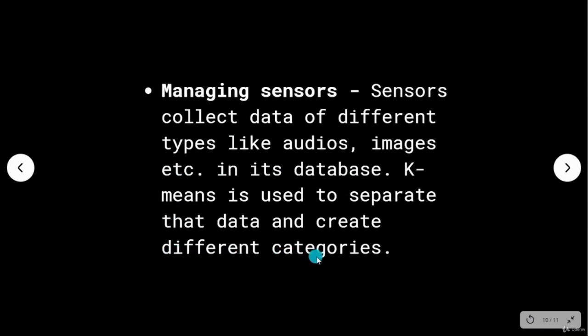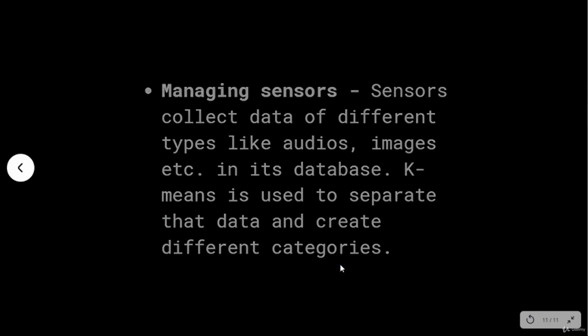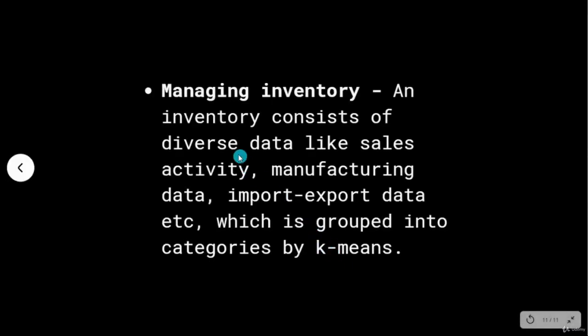K-means is used to separate that data and create different categories. Our next example will be of managing inventory. An inventory consists of diverse data like sales activity, manufacturing data, export-import data, etc., which is grouped into categories by k-means.